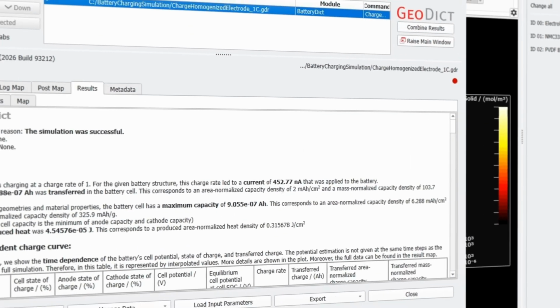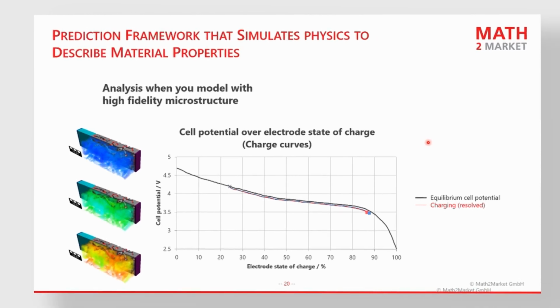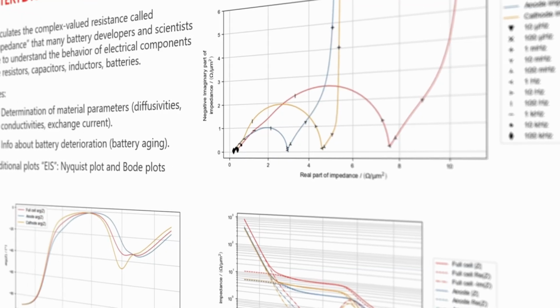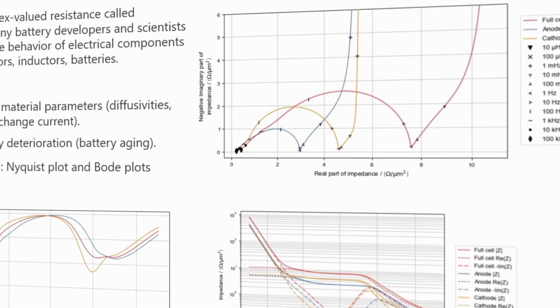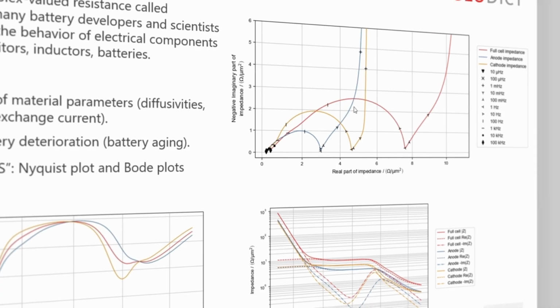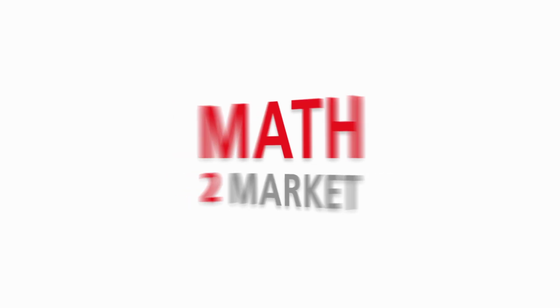So you can really get to know the key performance indicators. You can calculate effective conductivity and effective diffusivity to parameterize pseudo 2D Newman models, but you can also make a 3D resolved simulation of the charging with all the local information, lithium-ion concentrations and so on, of your electrode. And this we will see in the webinar.